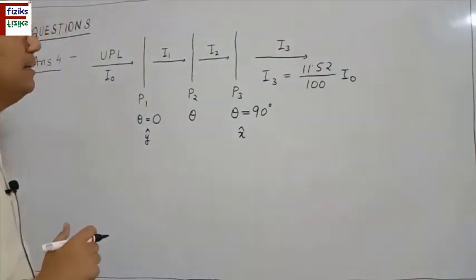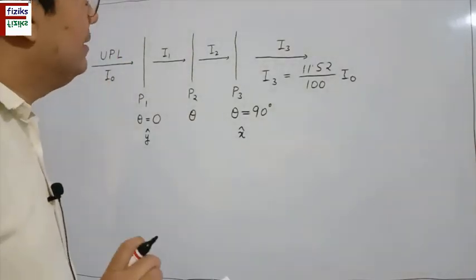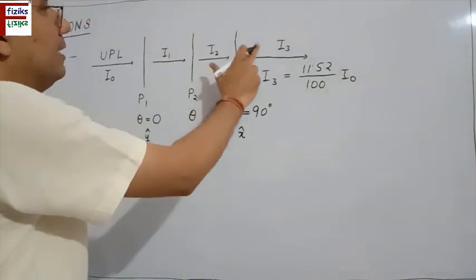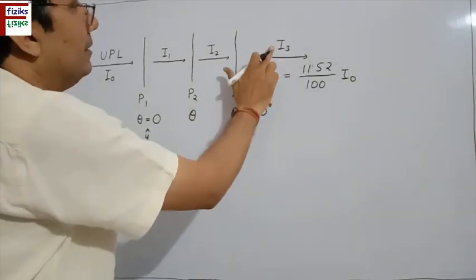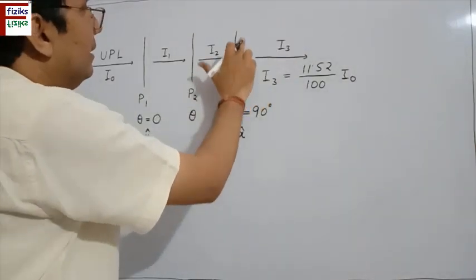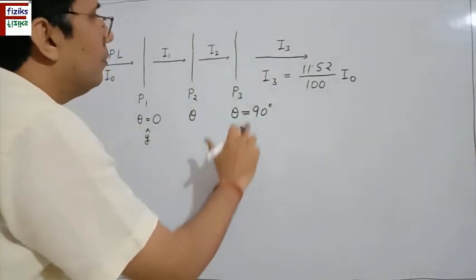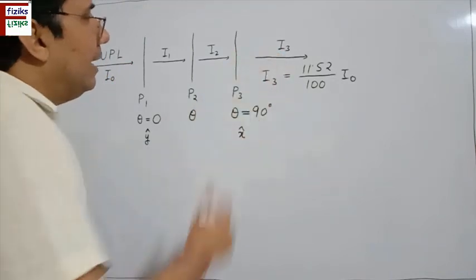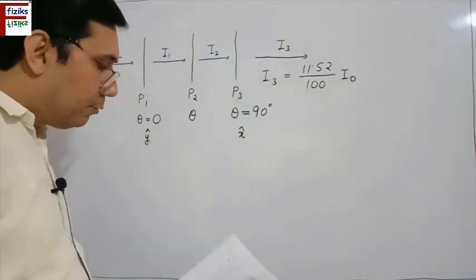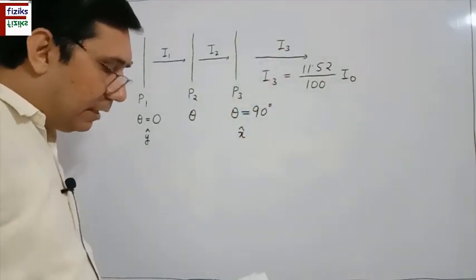So first, the direction in which the emerging light is polarized. The emerging light is here in this section, and its intensity is I3. The pass axis of the third polarizer is in the x direction, so automatically the emerging light will be polarized parallel to the pass axis of the third polarizer.